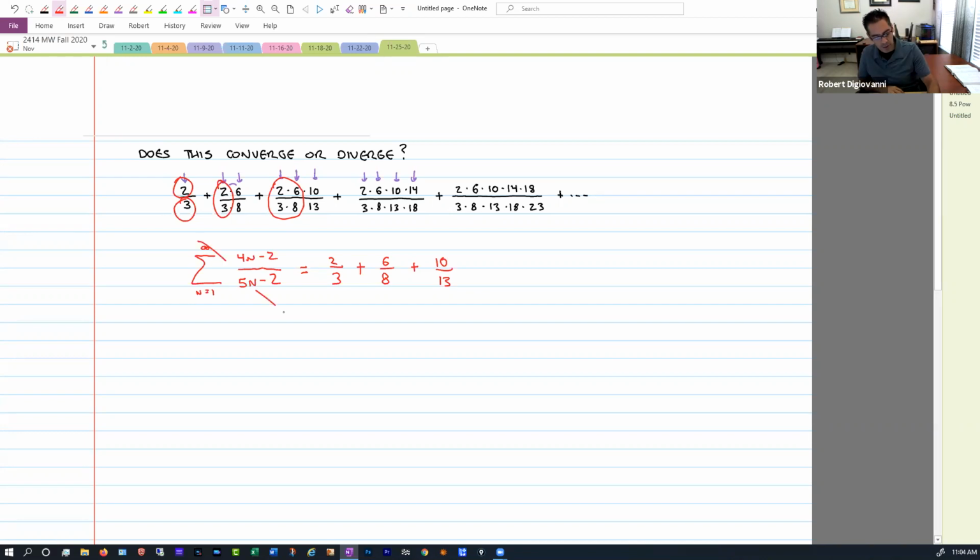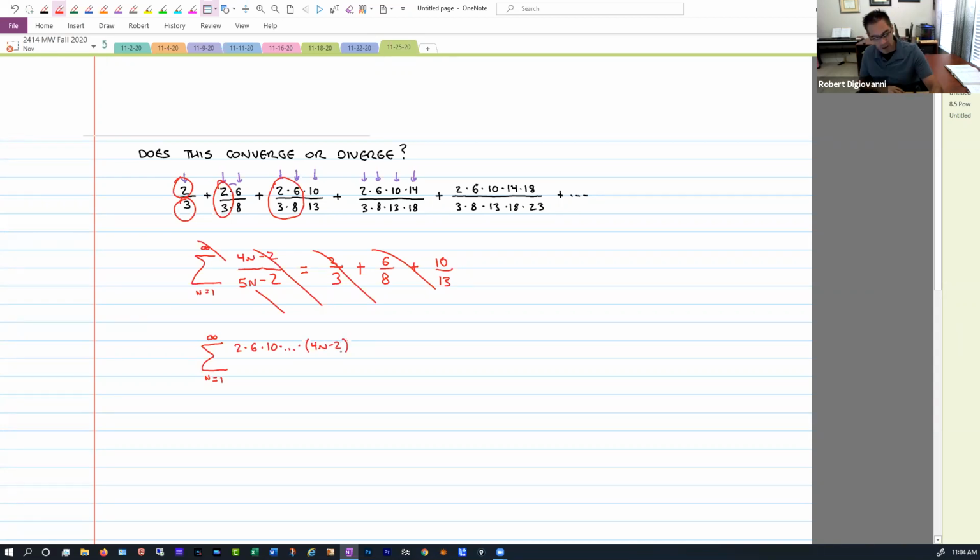So what we're going to do is write it in a way that is going to look weird at first, but let's just see if you understand this. So the numerator is always going to be 2 times 6 times 10 times, and I'm going to keep doing that until I get to 4n minus 2.